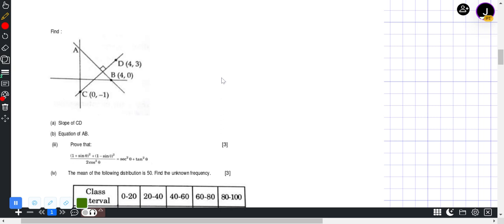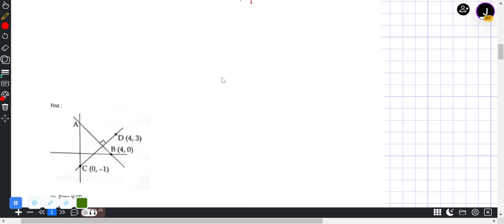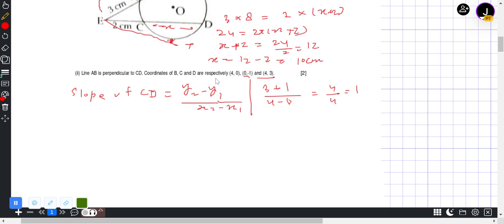Next question is equation of AB. Okay. Now we know that the two lines are perpendicular to each other. So AB is perpendicular to CD. Hence, slope of AB into slope of CD will be minus 1. Two lines that are perpendicular to each other, their slopes multiplied give minus 1.